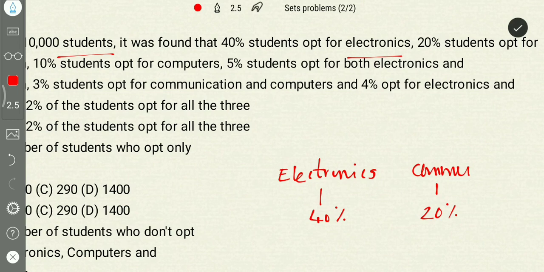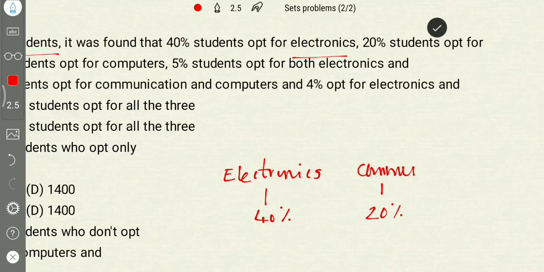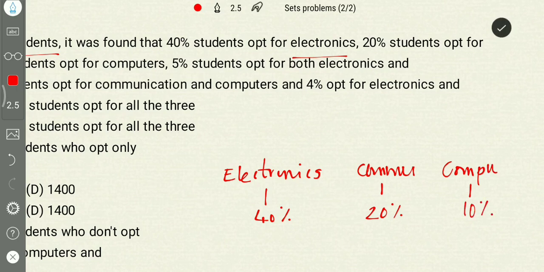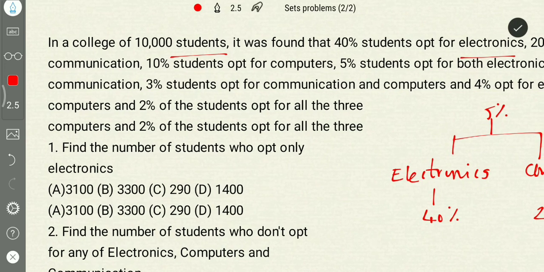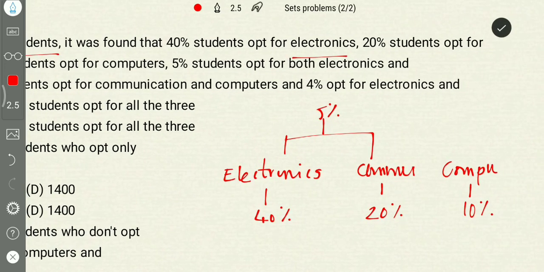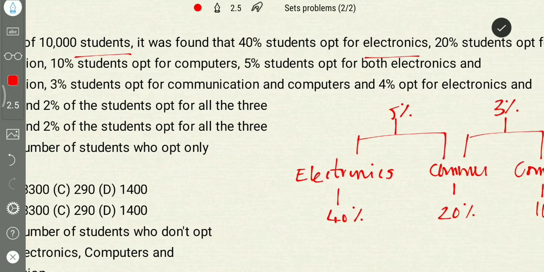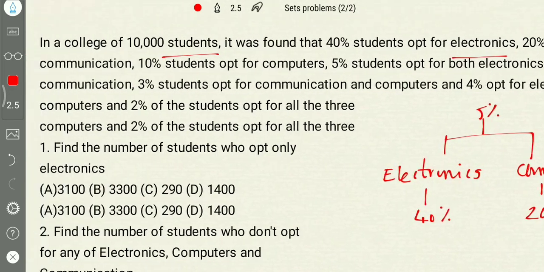And the next one is 10% opt for computers. 10% students opt for computers. 5% students opt for both electronics and communication. 5%. And 3% students opt for communication and computers.